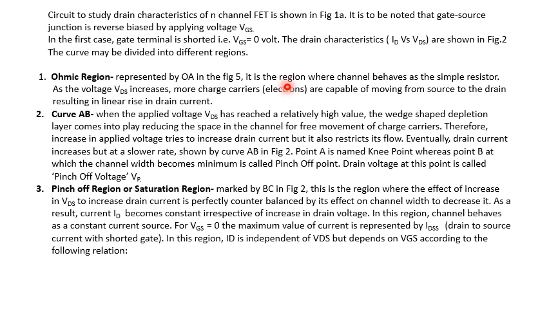So when we increase VDS for its smaller values, the current also increases linearly, like in an ohmic resistor. In a resistor, when we increase voltage, the current increases in a linear manner, and this is called ohmic variation. Since the channel behaves as a simple resistor, the variation is ohmic, so it is called the ohmic region.